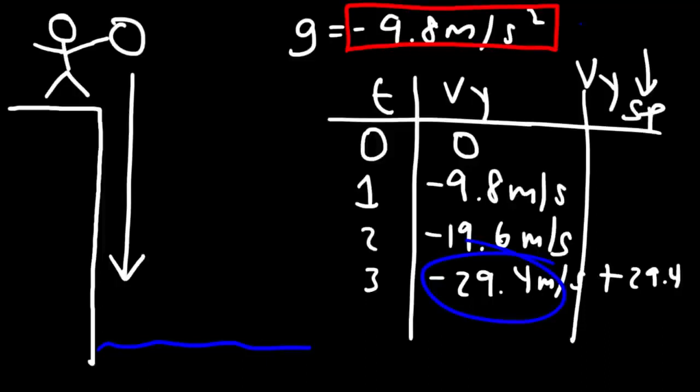And so hopefully this number makes more sense. So the gravitational acceleration tells you how fast the vertical velocity is changing every second. So on the moon, where G is negative 1.6, if you were to drop a ball, the vertical velocity will decrease by 1.6 meters per second every second.